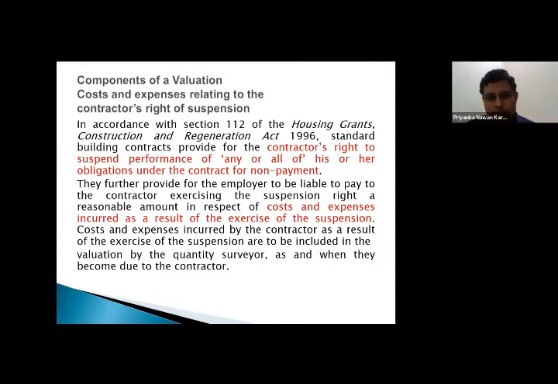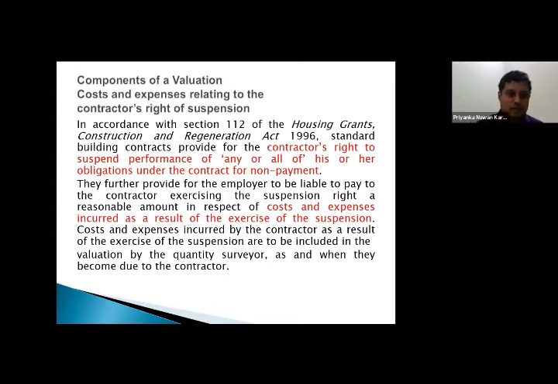Now you may have observed something which I also will tell you. They are now using the feminine version as well. Previously, whenever we were talking about the contractor, you said he. Now we say he or her. Luckily, we have two different versions, right? Technically, therefore, they use his or her obligations.